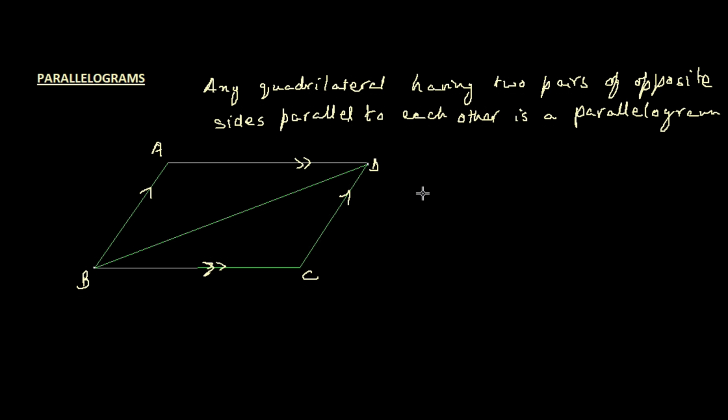Now we know nothing about this parallelogram. We know no sides, we know no angles. All we know is that AD is parallel to BC and AB is parallel to CD. So let's start by writing that down: AD is parallel to BC and AB is parallel to CD.